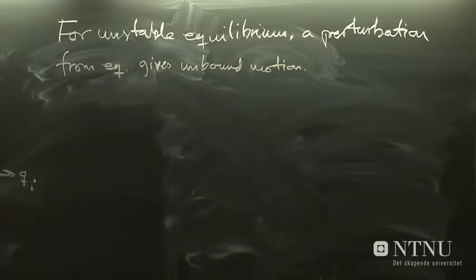For an unstable equilibrium, a perturbation from this equilibrium configuration gives an unbound motion.